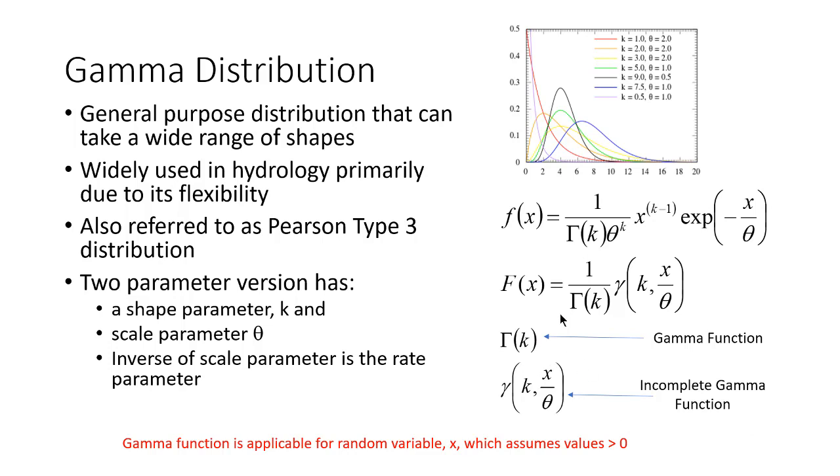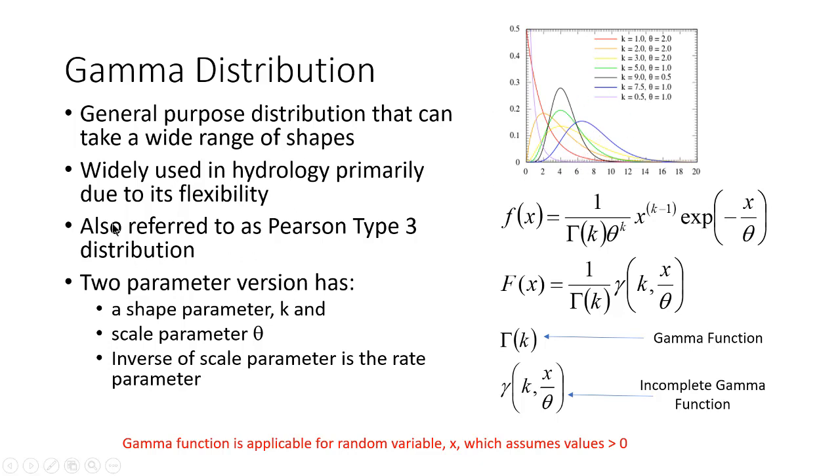They have certain special properties, and you most likely need a computer to calculate them. Nonetheless, if you look at the random variables and I use different k and theta, the shape parameter and the scale parameter, I can get various types of curves. That's how we can generate a wide range of distributions using gamma distributions.